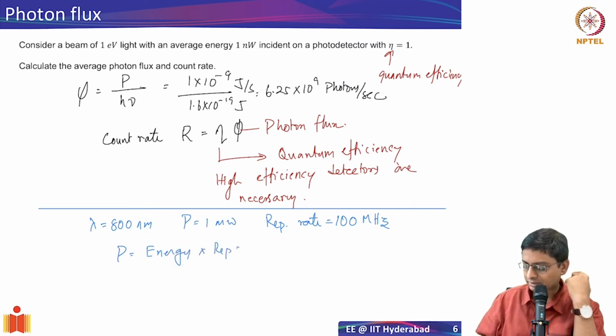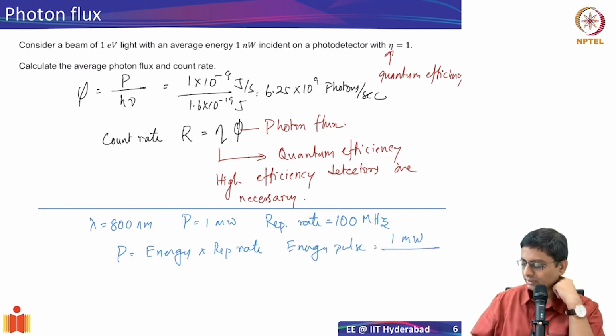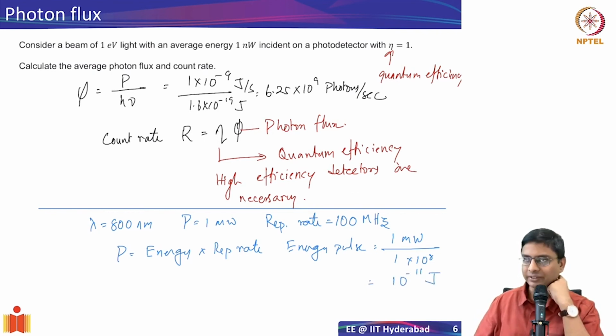My energy per pulse is 1 milliwatt divided by 1 into 10 power 8. Am I making a mistake? I hope not. So this is 10 power minus 11 joules.